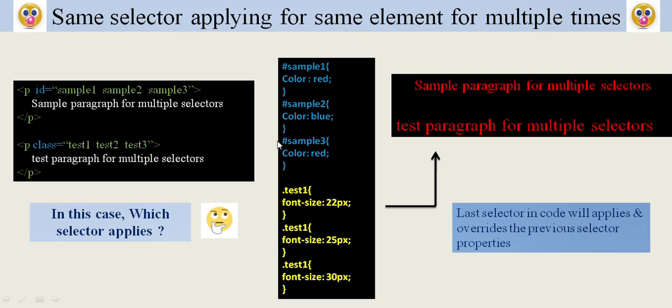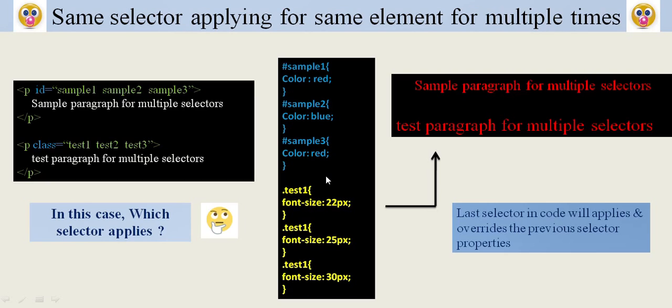And if I include another ID selector here, I am again overriding that blue color with the red color, by using the same color property and changing the property value.